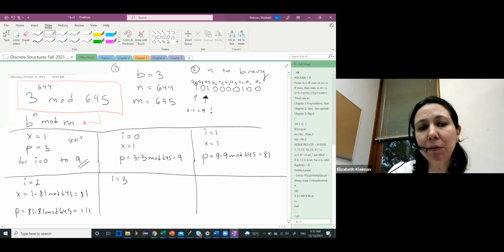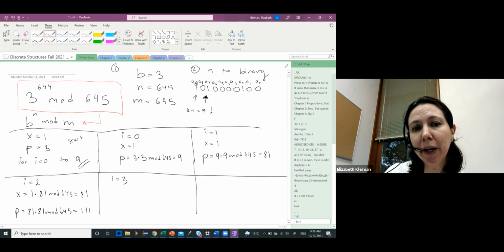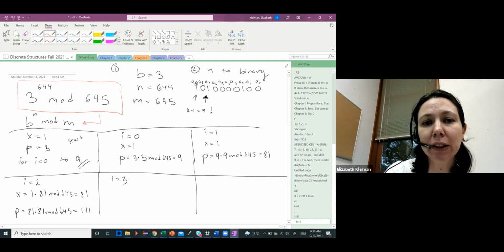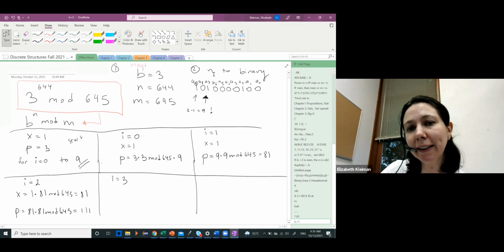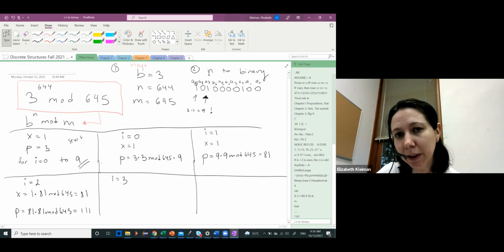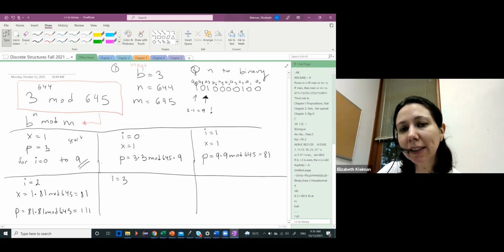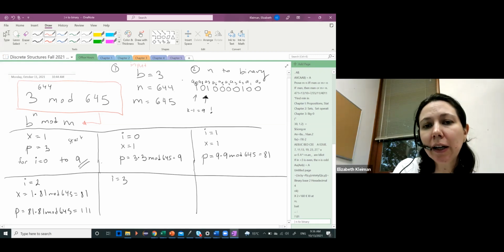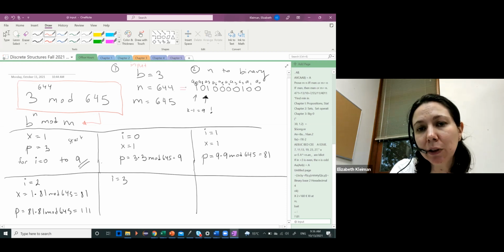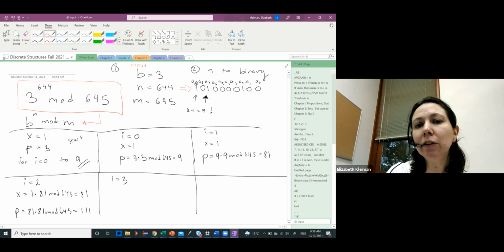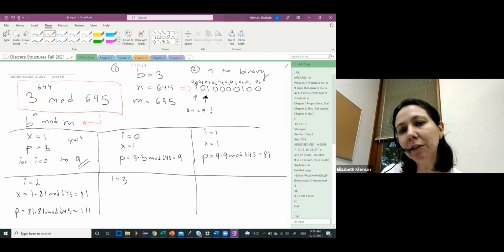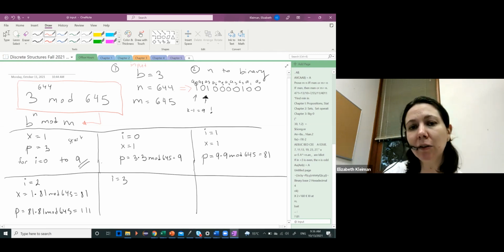Then this is your step 1. You set up your problem, you realize what your inputs are. This is your input. However, the input requires n to be in binary format. So the second step is converting 644 to binary to get this, and those are your a's, like a0 and so on.